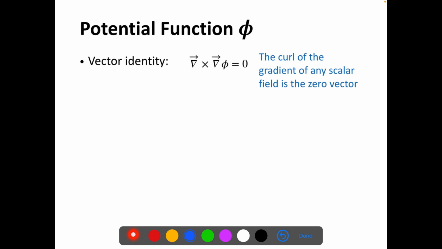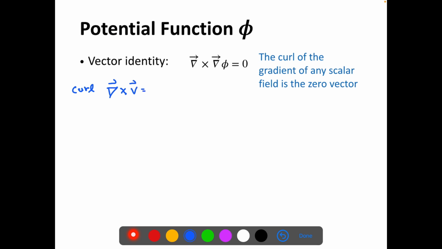Okay. Before we proceed, I will explain some mathematical identities which are useful for you. For example, we have the curl, C-U-R-L. The curl means nabla cross product any vector, let's say velocity.